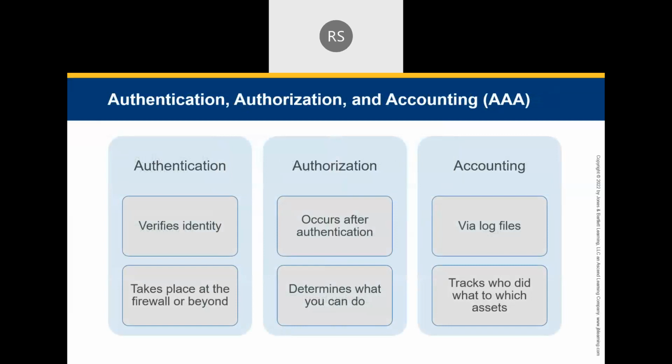So once the user or system is authenticated, authorization determines the actions they are allowed to perform. So it specifies what actions, resources, or areas a user or system is permitted to access based on their authenticated identity. This is their privileges. Finally, accounting involves keeping detailed records of activities with log files. It tracks who did what to which assets.